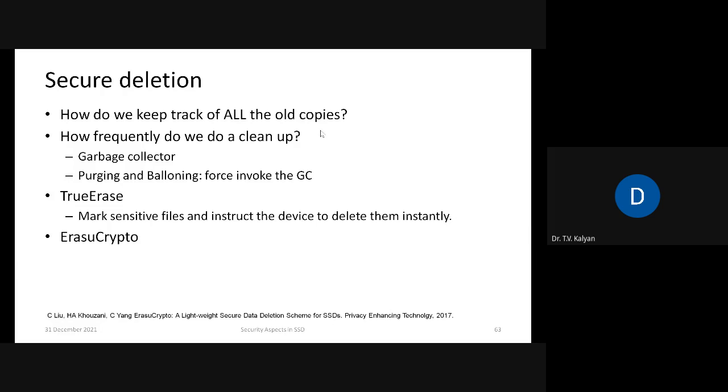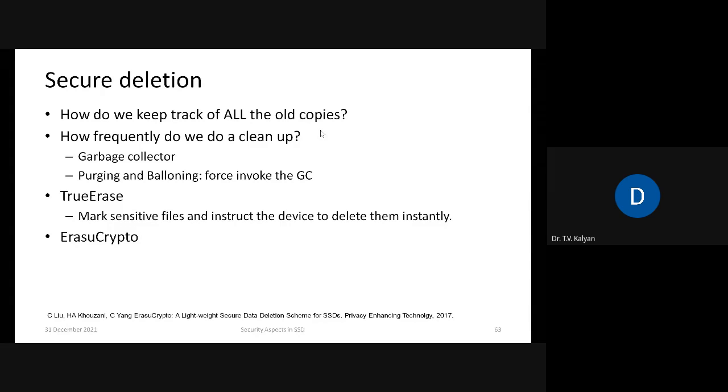What it means is the SSD controller will kick into action the moment the file delete signal is given by the operating system, and irrespective of the threshold that the garbage collector is looking for, it's going to trigger the erasure of the entire block.